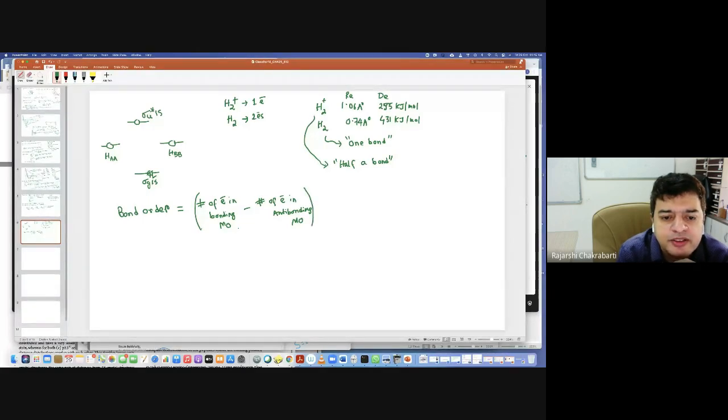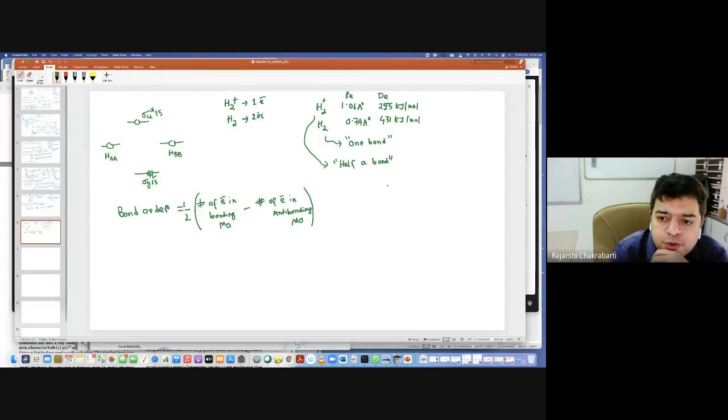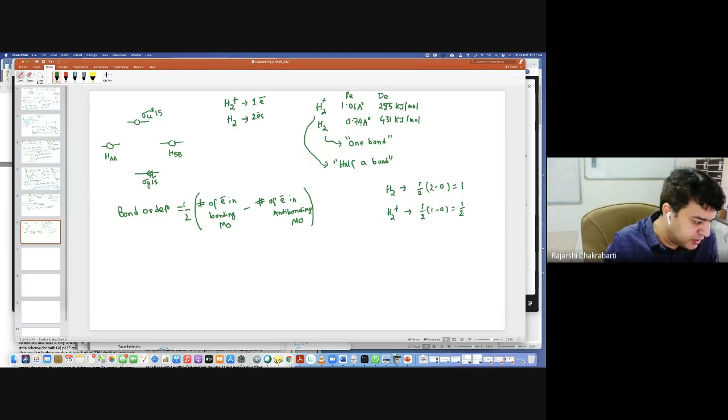You have to divide this by 2, multiplied with half. That's the definition of bond order, isn't it? Because if I follow this definition, for H2, what is the bond order? It is half into 2 minus 0, which is 1. For H2 plus, what is the bond order? So that's why you see that for H2 plus, the equilibrium bond distance is larger compared to H2.